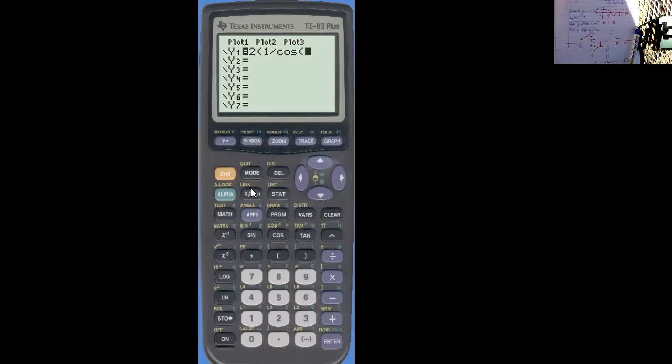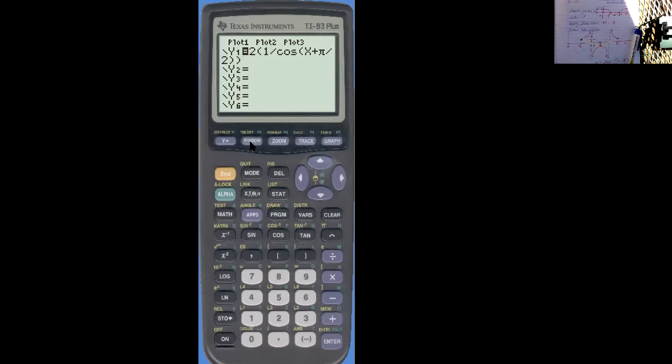And then x plus pi over 2, pi divided by 2. And then I'm going to have to close that parenthesis, and close the other parenthesis. I need 2 closing parentheses because I have 2 opening parentheses.